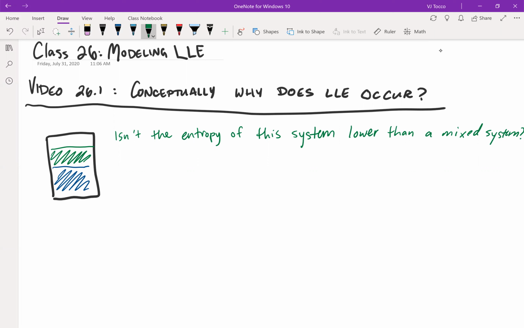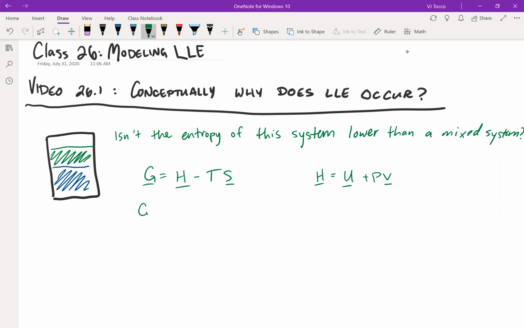Remember, what the universe actually wants to do is minimize the Gibbs free energy. So what is the definition of Gibbs free energy? Gibbs is H minus TS, and H is U plus PV.